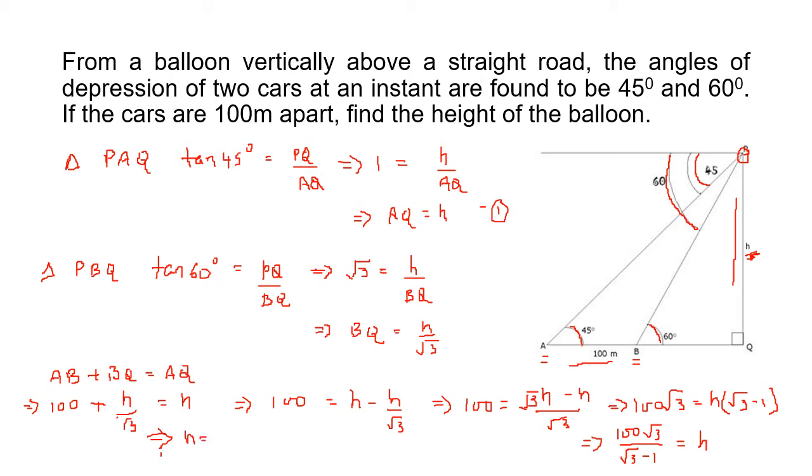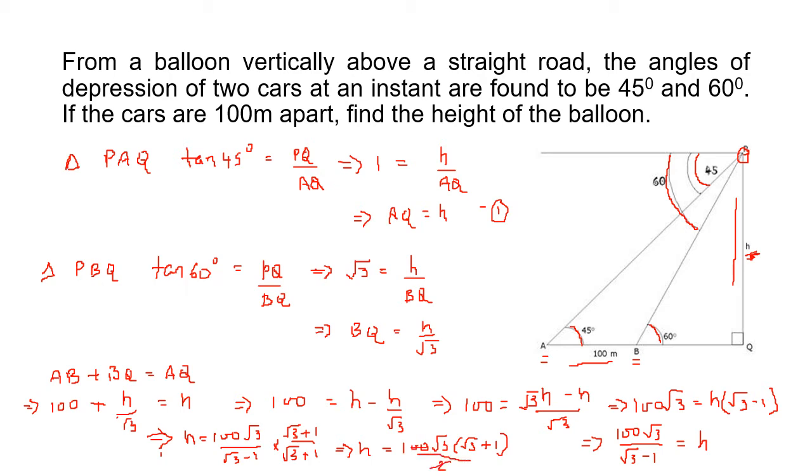So H is equal to 100 root 3 upon root 3 minus 1 into root 3 plus 1 upon root 3 plus 1. This implies H is equal to 100 root 3 into bracket root 3 plus 1 upon a plus b into a minus b, that is 3 minus 1, that is 2.